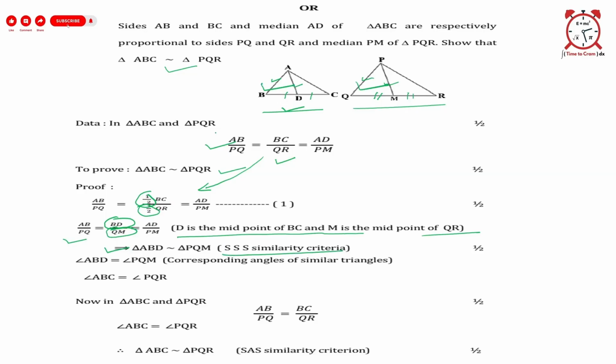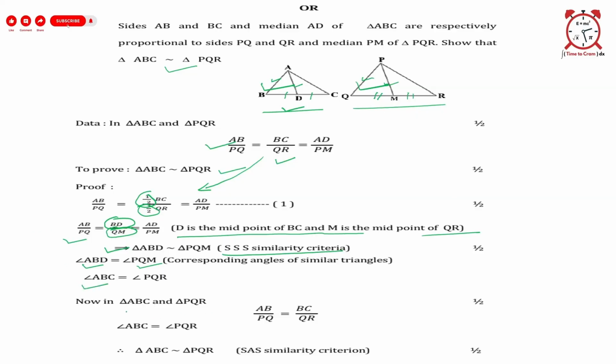So we can prove that these two triangles, ABD and PQM, are similar by SSS similarity criteria. Now after that, by CPCT we can write angle ABD equal to angle PQM. They are the corresponding angles of similar triangles. So ABD, if you produce, becomes ABC, and in the same way PQM becomes PQR. So angle ABC equals angle PQR.